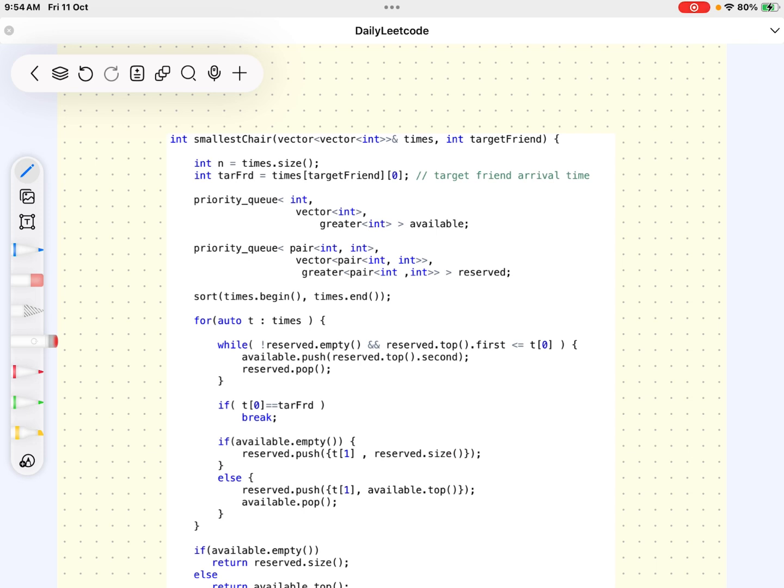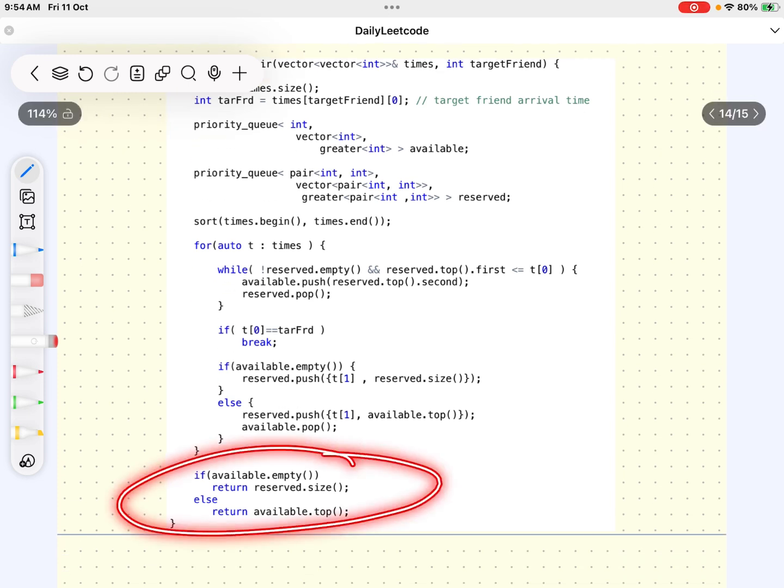And if available is not empty, which means there is a seat available, so we will just provide an available seat, like a seat will be moved from available to reserved, no new seat will be given to that person.